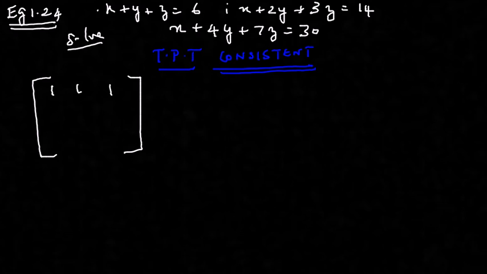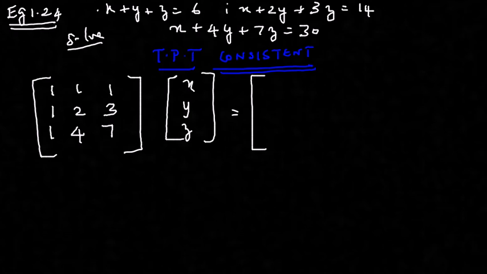I'm just checking the coordinates of a, b, and x, y, and z, and I'm writing the matrix here. The second equation will be 1, 2, 3, and the third equation will become 1, 4, 7. When we multiply this with x, y, and z, the resultant that we get is 6, 14, and 30.